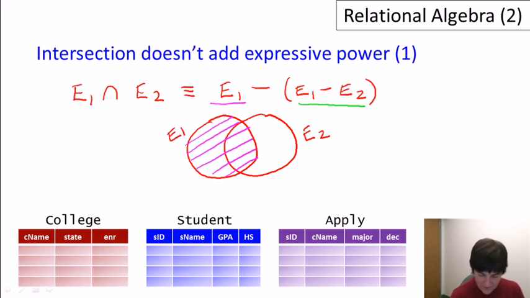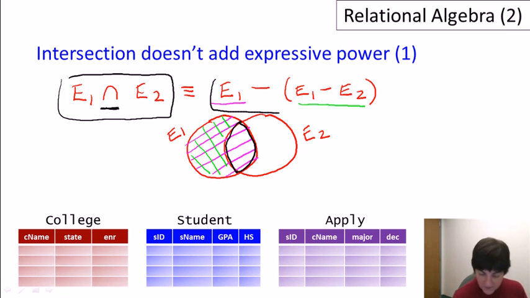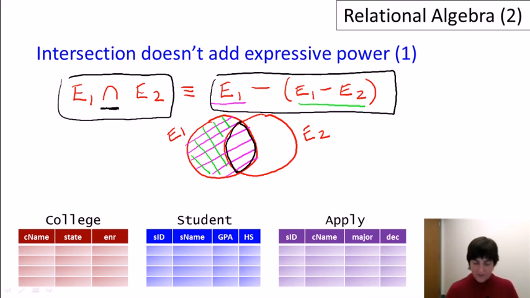So that's everything in E1 that's not in E2. That's this, okay? And if we take the purple minus the green, you will see that we actually do get the intersection here. So that's a simple property of set operations, but what that's telling us is that this intersection operator here isn't giving us more expressive power, because any expression that we can write in this fashion, we could equivalently write with the difference operator in this fashion.